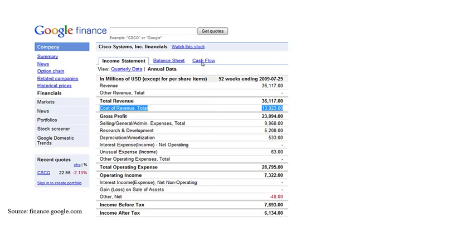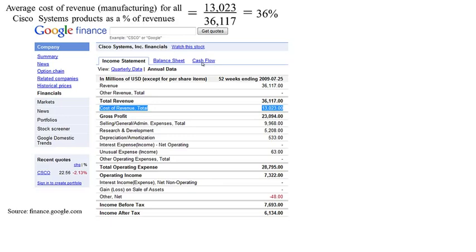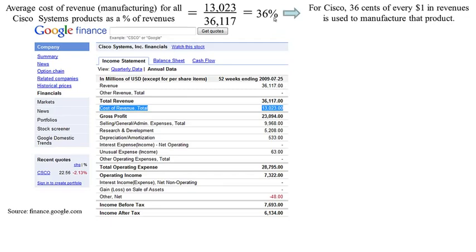So a lot of numbers here, but what we're interested in the context of pricing are the cost of revenue, which is their cost of manufacturing, as a percentage of revenues, which are their total aggregate sales. And so what this means is they had 13 divided by 36, or 36%, meaning that 36 cents of every dollar in revenues was used to manufacture the product.